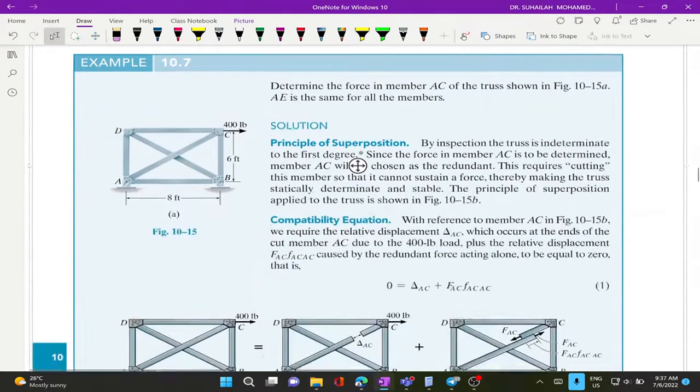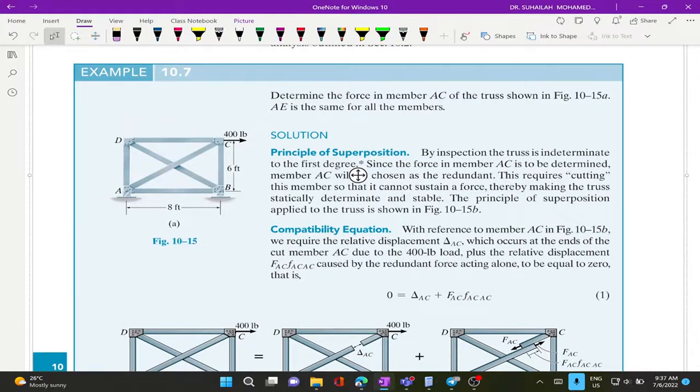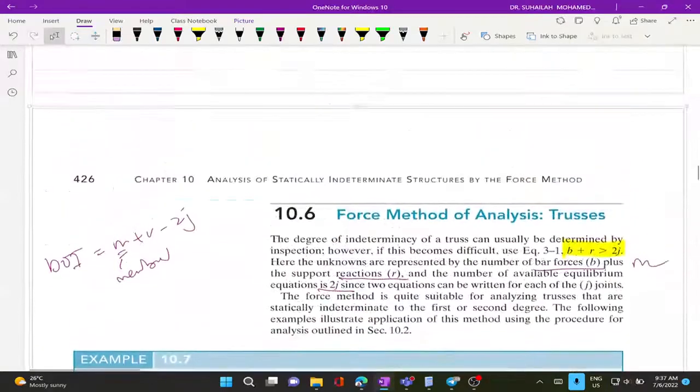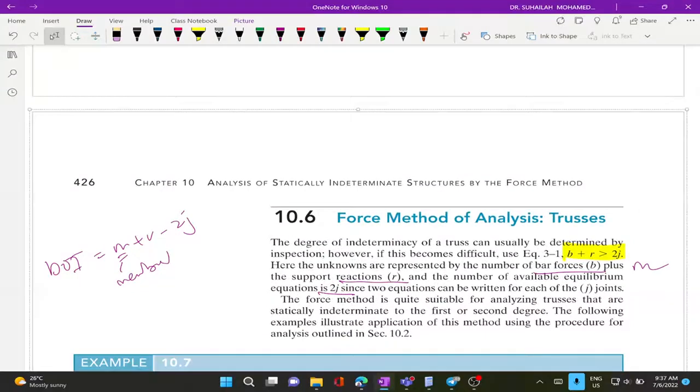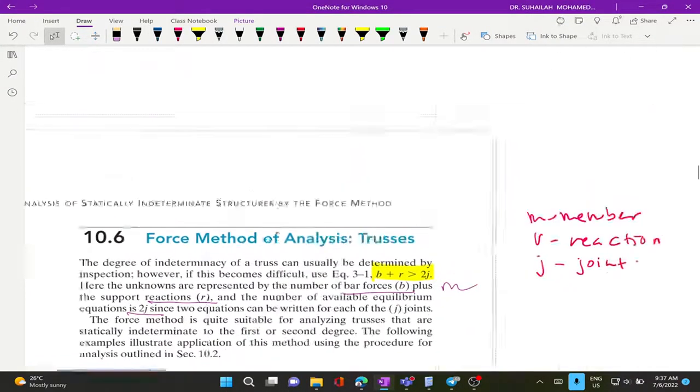So, example 10.7: determine the force in member AC. But before we analyze this, I would like to explain two conditions of indeterminacy in a truss.